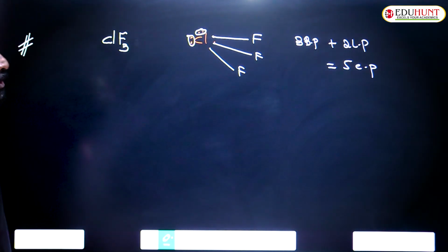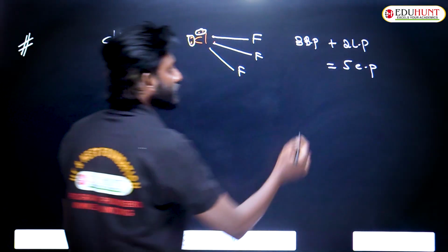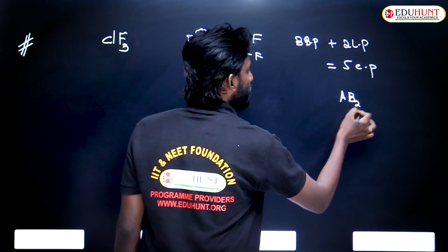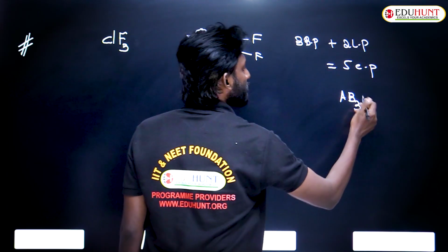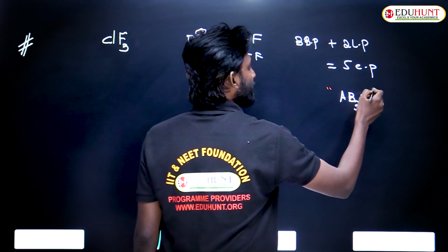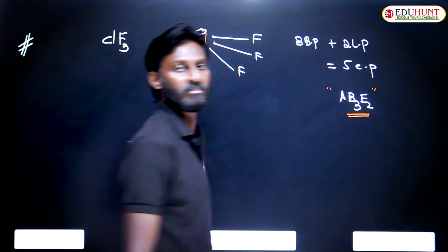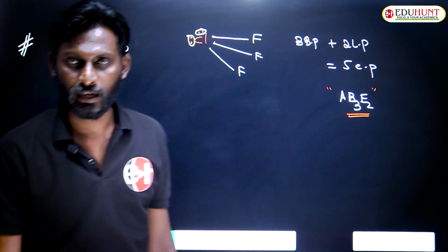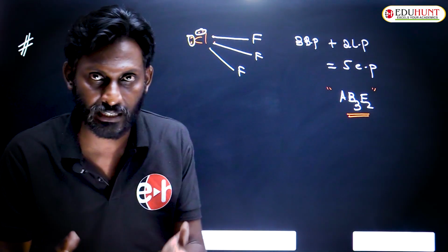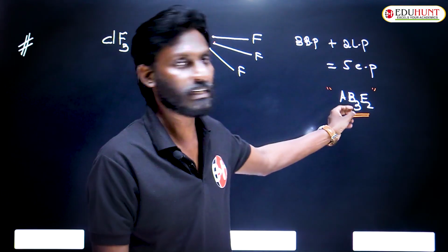Now what kind of formula is this? 3 bond pairs means AB3. 2 lone pairs means E2 type. If you forgot, please go back to the previous video, in which I explained how to determine the geometry when the molecule is AB3E2 type.